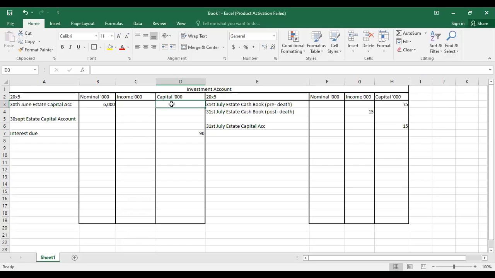It will be 86.5 multiplied by 6 million. What do we get? 519,000. So that will be 5190. Yeah, if we had been told that this amount is being shared, that will be the capitalized asset of the deceased.